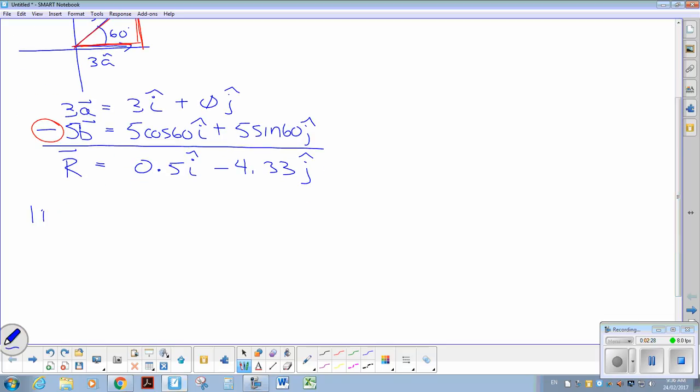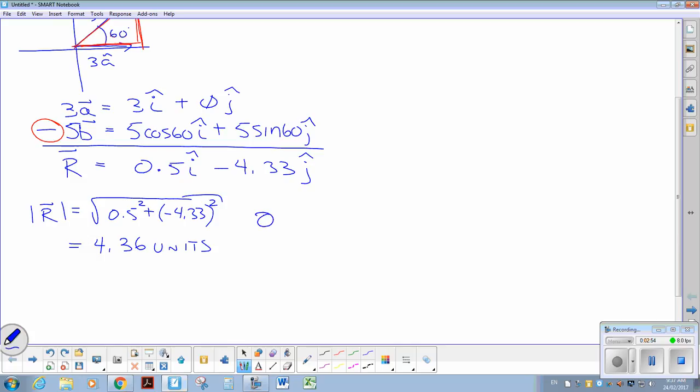The magnitude of your resultant is the square root of 0.5 squared plus negative 4.33 squared. Plugging that in, I get a magnitude of 4.36 units.